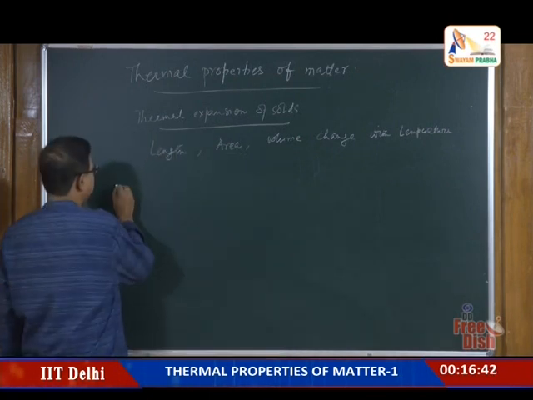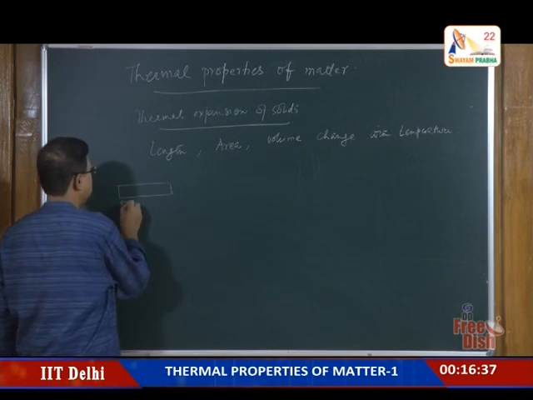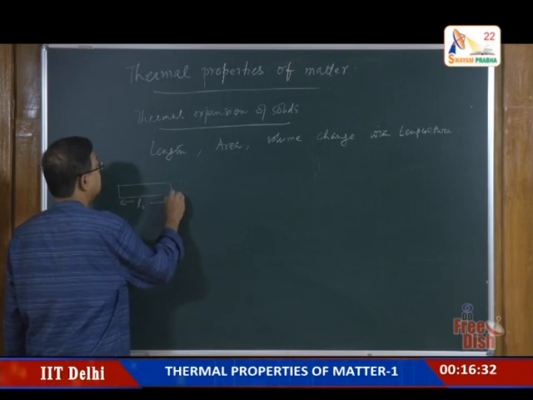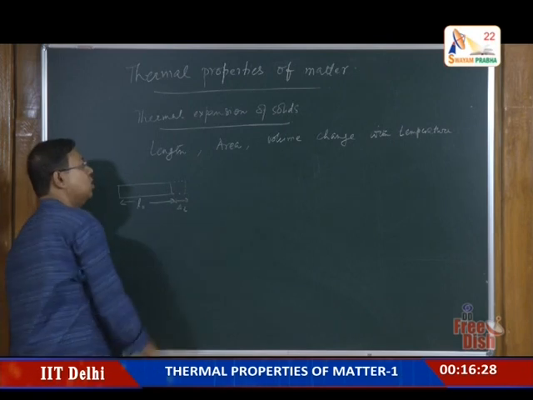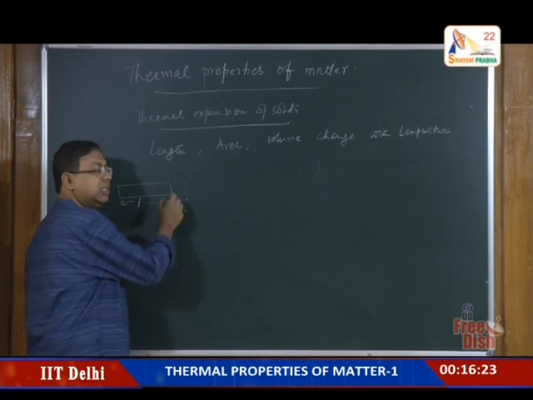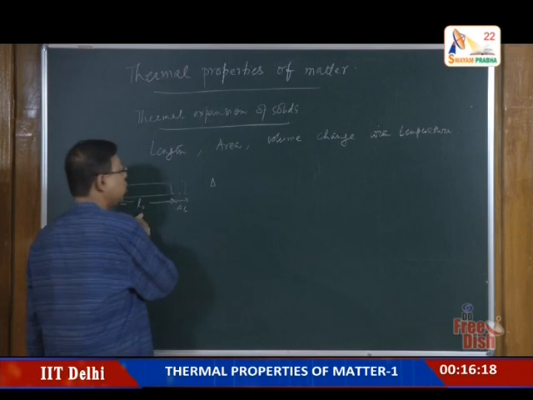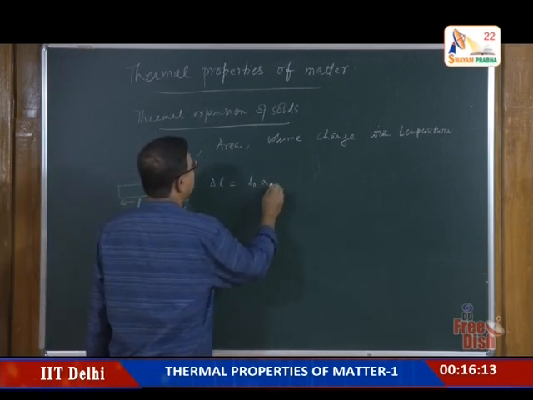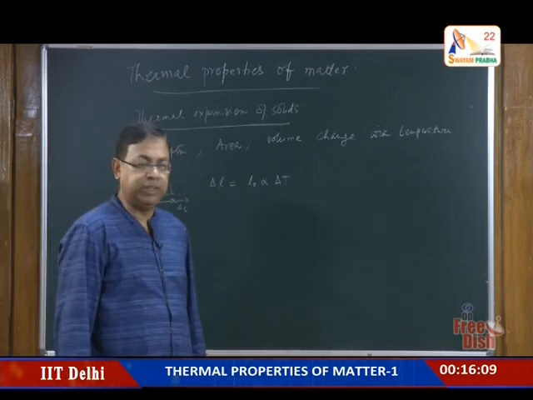So, suppose we have this figure once again, where this is your initial length L0 and this is the change in length delta L. So, delta L, that is the extension or the expansion of the material, can be written in terms of its original length L0 and alpha delta T, where alpha is called the linear coefficient of expansion.